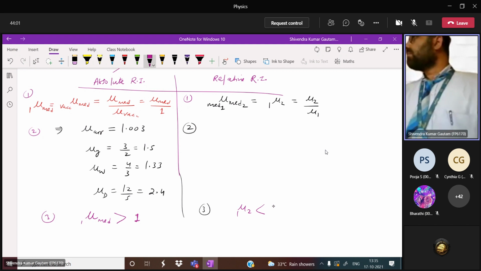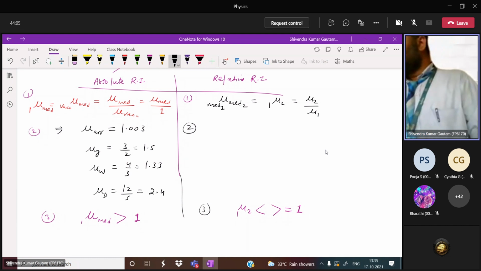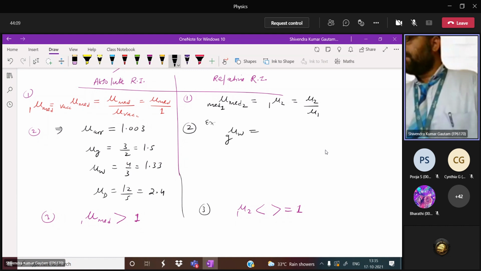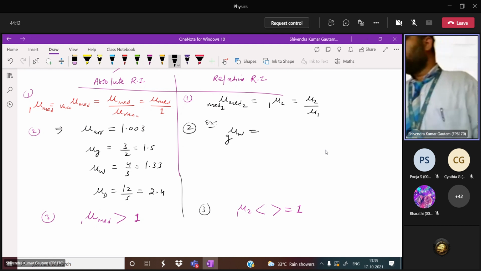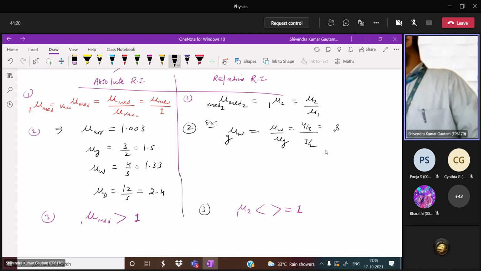Like, suppose mu water glass. Tell me the refractive index of this. Some examples. Mu water glass, what will you write? Mu water divided by mu glass. Mu water is 4 by 3, mu glass is 3 by 2. You will get 8 by 9.